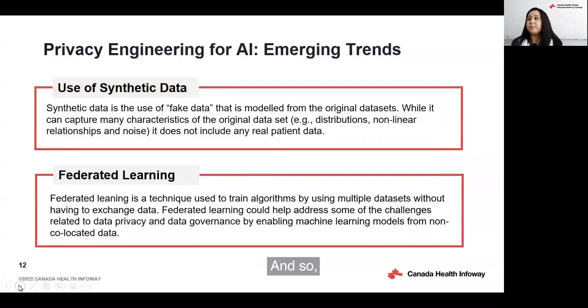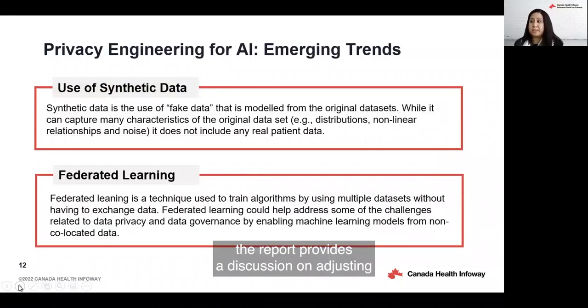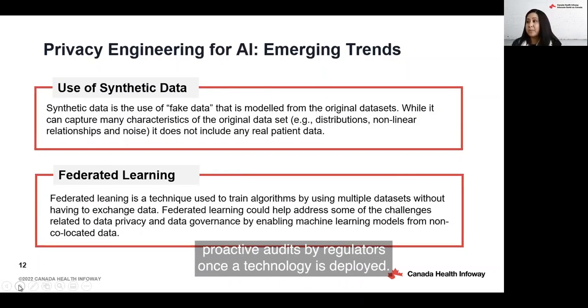The report provides a discussion on adjusting compliance provisions and tools such that the government and private sector should be required to assess the privacy impacts before implementing AI technology. And this should be something that is ongoing and verifiable through proactive audits by regulators once the technology is deployed.